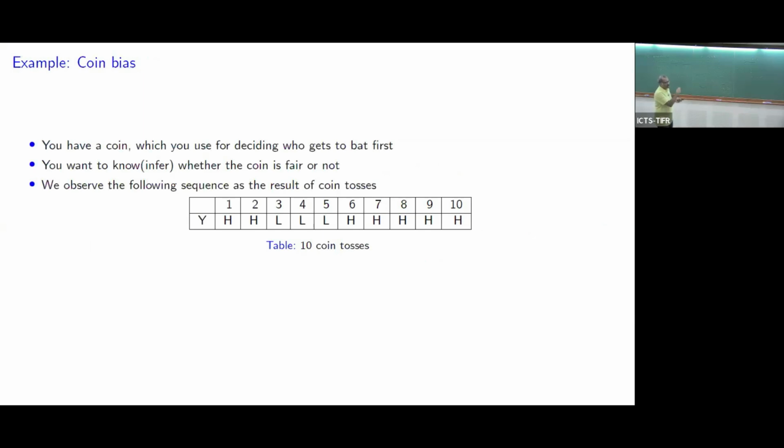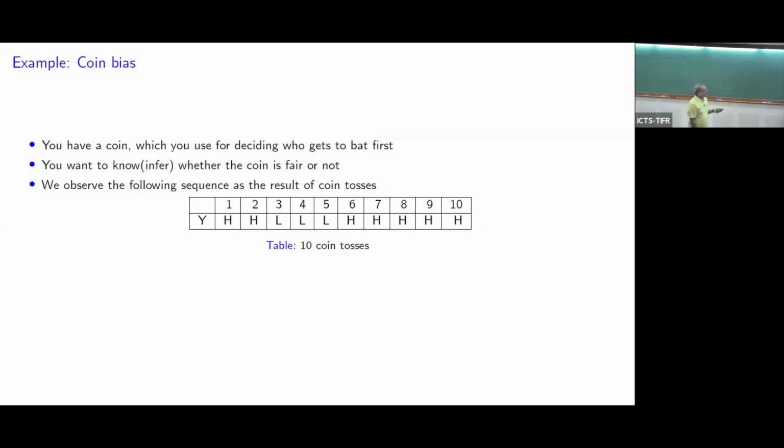There is also one more thing that Bayesian inference helps with, and again, I will take an example to explain this. Suppose you have a coin, and we talked about this coin bias before. A coin is biased when the probability that it comes up heads is not 50%, it is something else. Suppose you have a coin and you want to know whether it is fair or not.